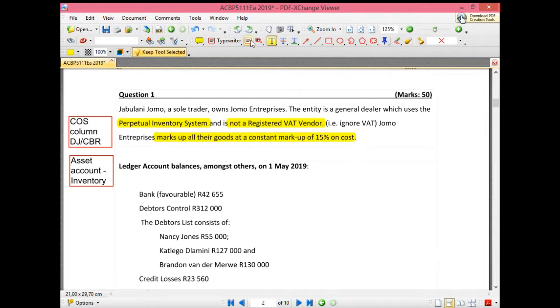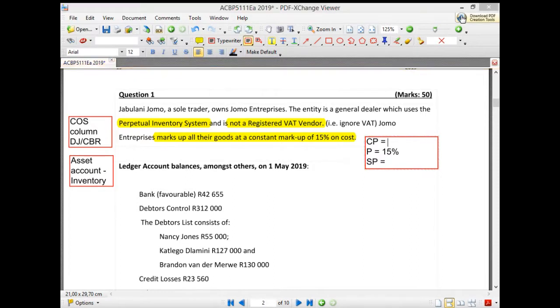Now, if it's on cost, that means our cost price is what percentage? Okay, so the profit is 15%. Cost price is what percentage? Because it's on cost, cost would be 100. Let me just see what the guys on the chat function said. 100, yes.